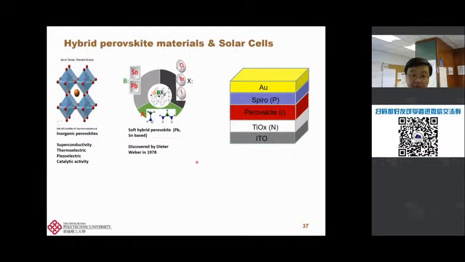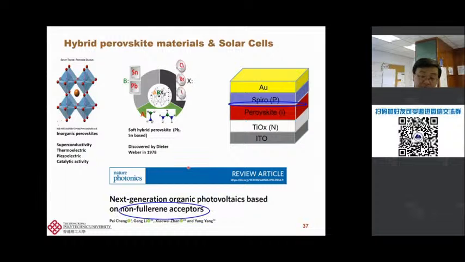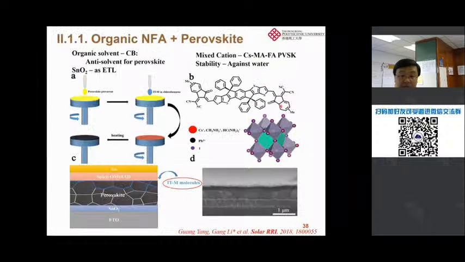For my part of the research, starting with the organic solar cell, we want to use non-fullerene acceptors. One part is our OPV research; a second part is whether we can use that to improve the perovskite. So that's the topic that I do in our research. This is what we want to do.